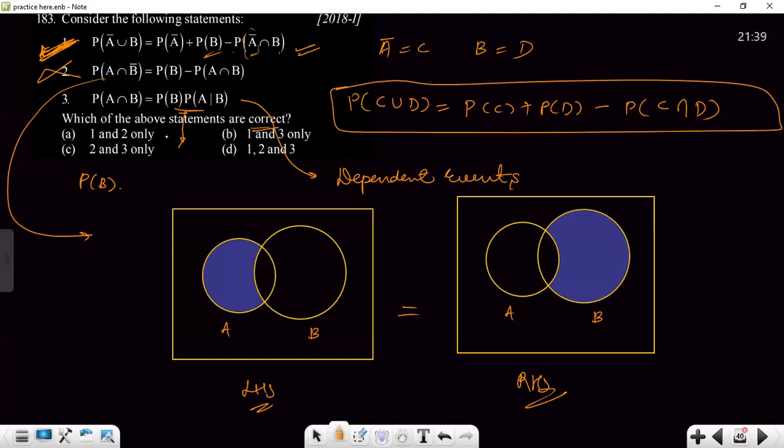Given that B has happened, we have to talk about the probability of A. The formula is probability of A intersection B divided by probability of B. Probability of B cancels B, and what is left is LHS only. So LHS is equal to RHS. Statement 3 is correct. Option B is correct.